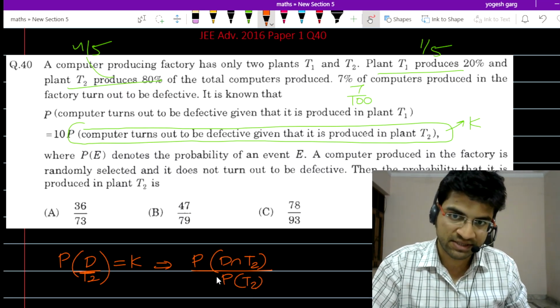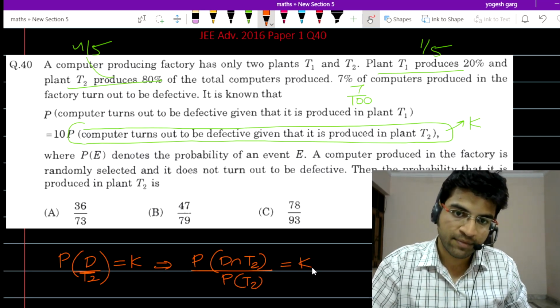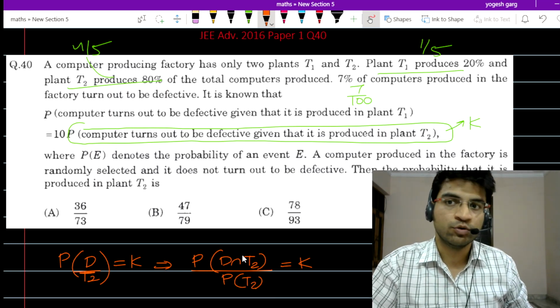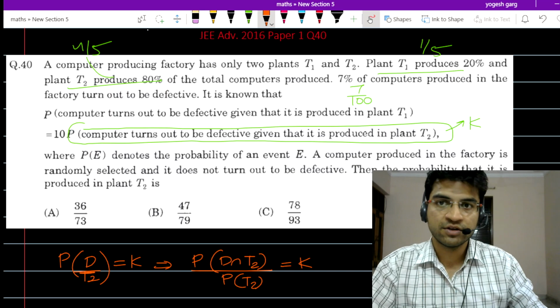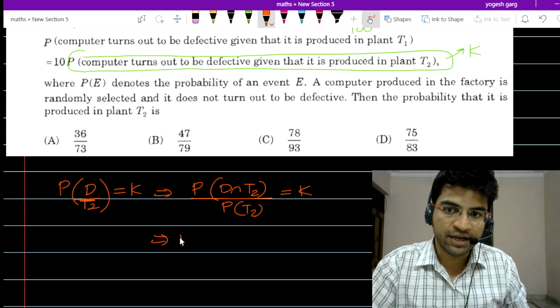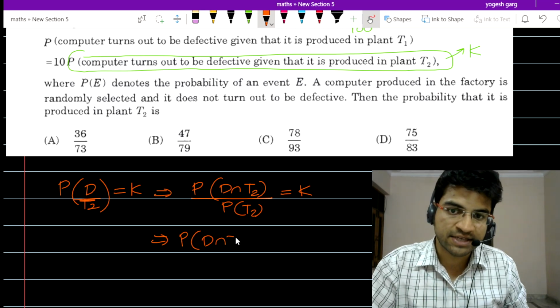This expression means this, right? Is equal to K. Now we know the probability of a computer being produced from T2 is 4 by 5.